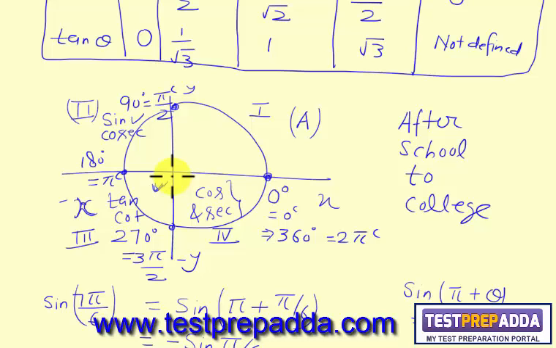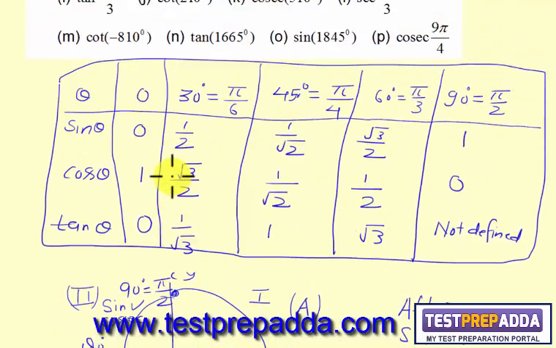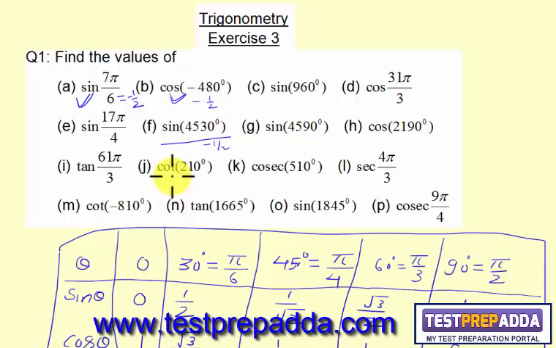Then we need to know sine of 90 plus minus theta, cos of 90 plus minus theta, sine of 180 plus minus theta, and cos of 180 plus minus theta. We had discussed all these things in detail in previous sessions of trigonometry. So it is very important to watch those sessions. Those sessions will help you in solving this exercise.